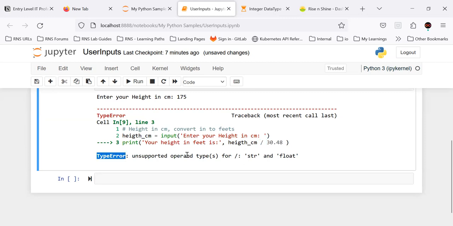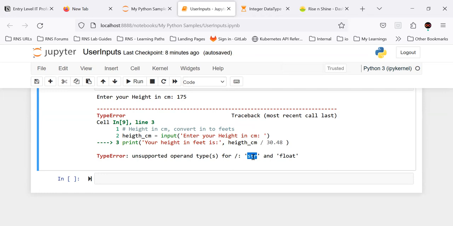Type error: unsupported operand type. Here this is one operand and this is another operand, and this is the operator. It is saying str and float. Yes, this is the float. But what about this height in centimeters? It is saying string.